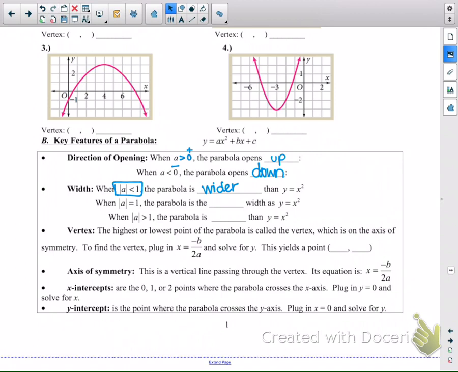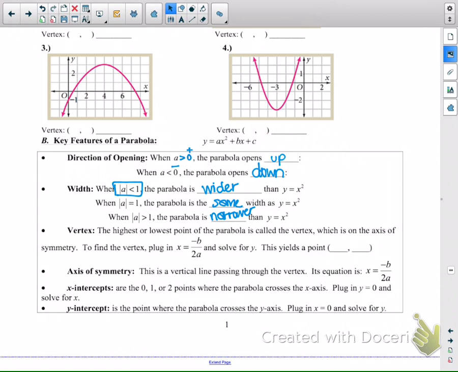If a is exactly equal to 1, then it is the same width as the parent function y equals x squared. And if a is a number either bigger than 1 or smaller than negative 1, in other words, a bigger negative number, like 2, 3, 4, or negative 2, 3, 4, then it is narrower. Okay, so we'll use that to tell the width.